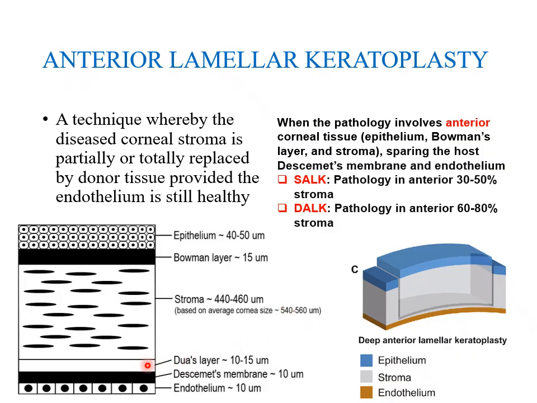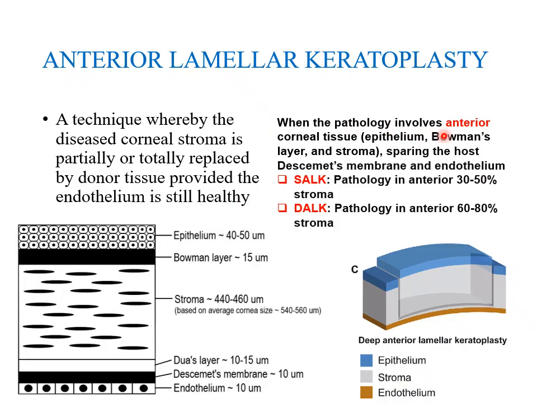Dua's layer or pre-Descemet layer, or PDL as I have abbreviated in my lectures, is 10 to 15 microns. Descemet is 10 microns. Endothelium is 10 microns. Keep this in mind, and things will be easier, and you will have an idea about how thick an anterior corneal graft is versus a posterior corneal graft.